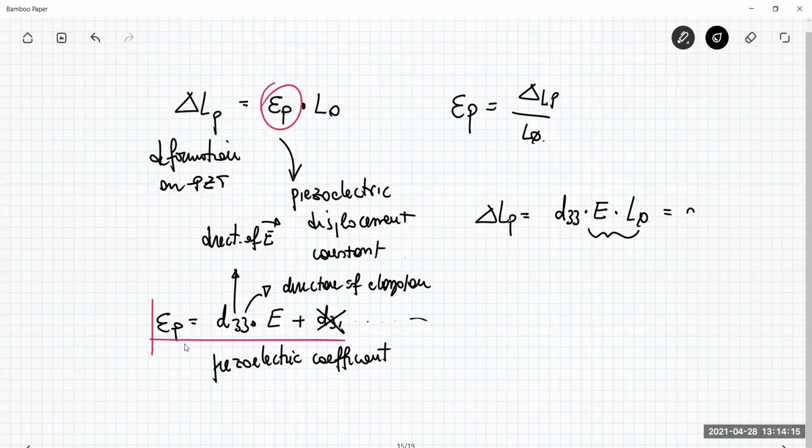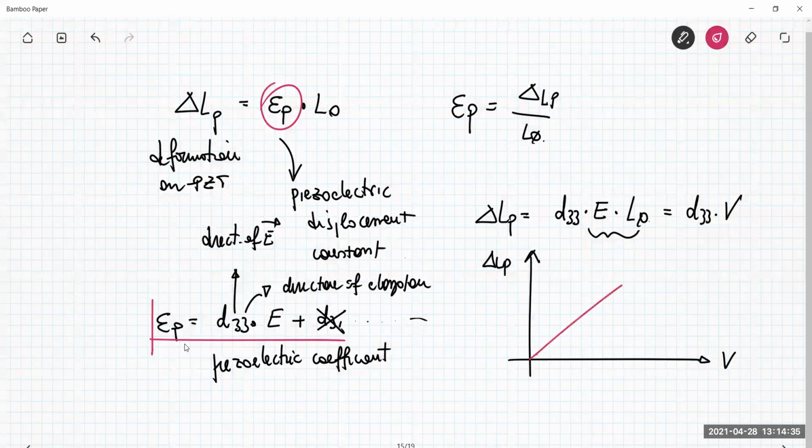So this is D33 multiplied by the voltage. So you get a direct relationship between the voltage that you apply to the crystal and the deformation you get. Typically, this can also be plotted in a graph like this, delta LP versus V, which is something like this.